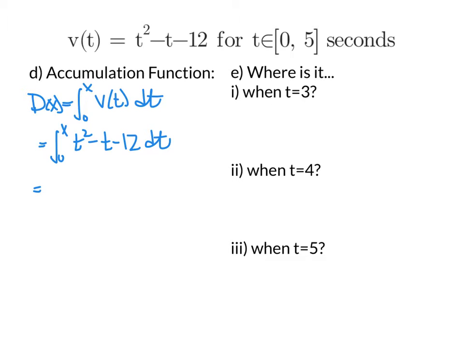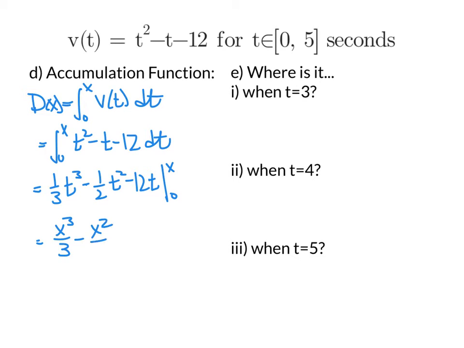And when we integrate that, we'll have 1/3 t³ - 1/2 t² - 12t evaluated from 0 to x. So that'll just give us x³/3 - x²/2 - 12x.